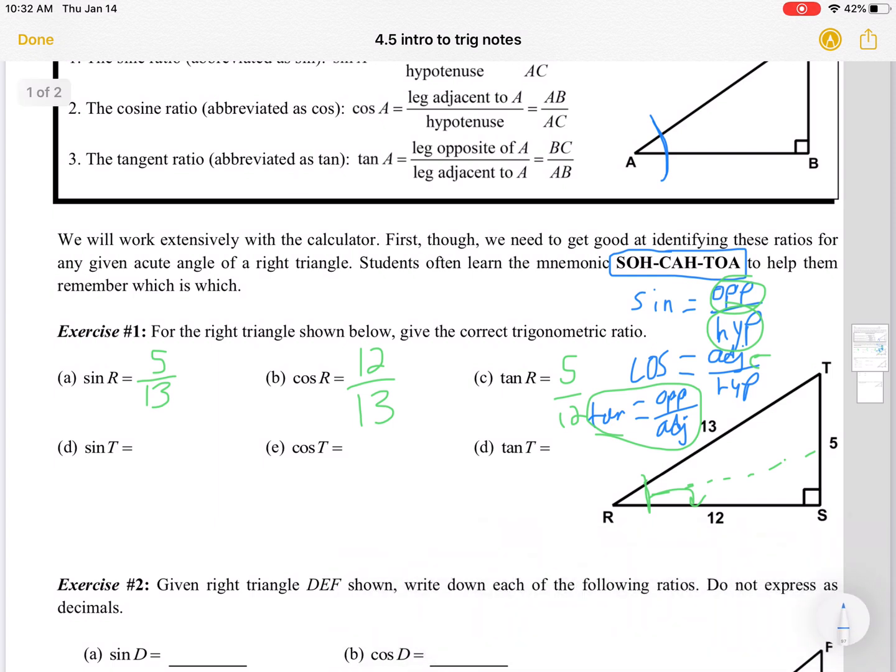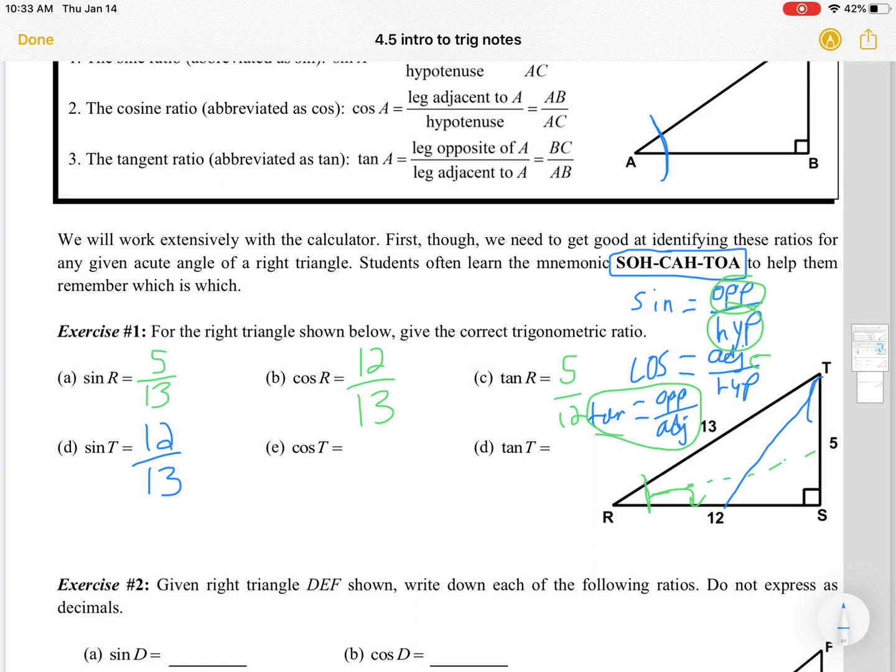Now let's take a look at angle T, the sine of angle T. Sine is opposite over hypotenuse. So the side that's opposite angle T is 12, and the hypotenuse is 13. So sine of T is going to equal 12 over 13. Cosine of T. Cosine is adjacent over hypotenuse.